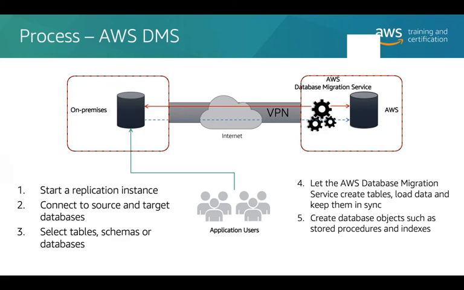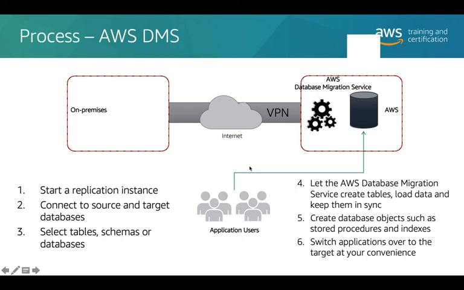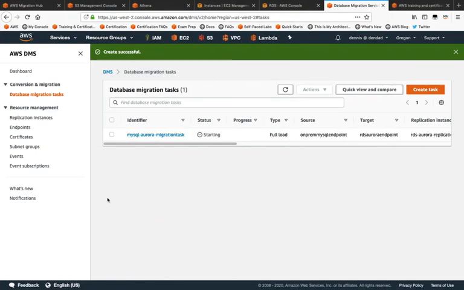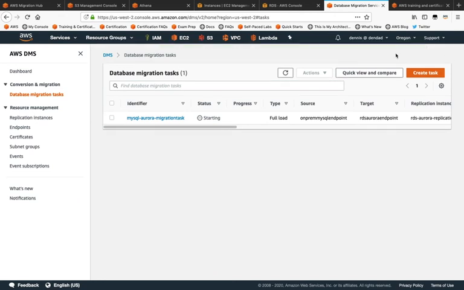It will be migrated across by DMS using this replication instance and put into my target Aurora database. I will then be able to switch over, connect to that target database, see all the data and move my application across. Let's see how we go. Create is successful.